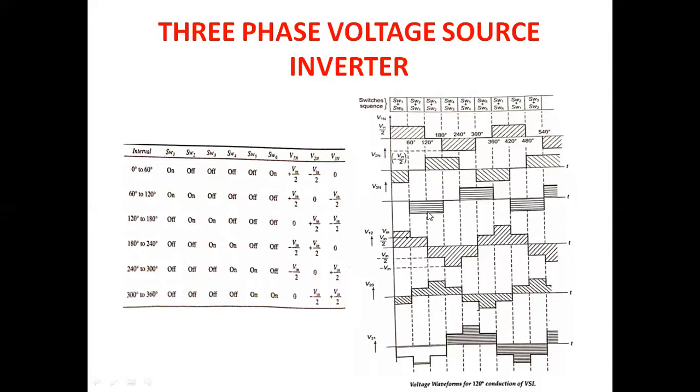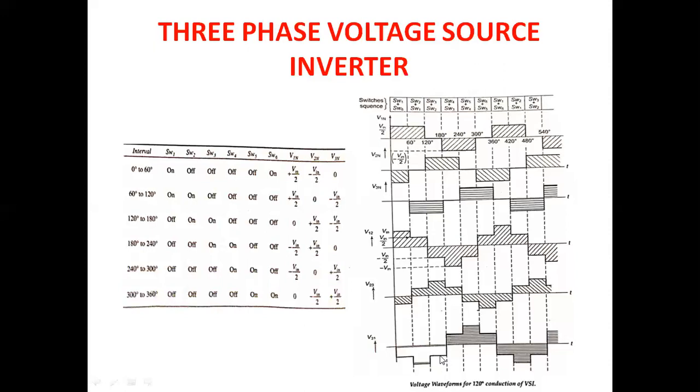For the interval 120 degree to 180 degree, what is V12? That is minus Vin by 2. Same process. So what is V23? That is Vin, that is clear. And what is V31? That is minus Vin by 2. That one.